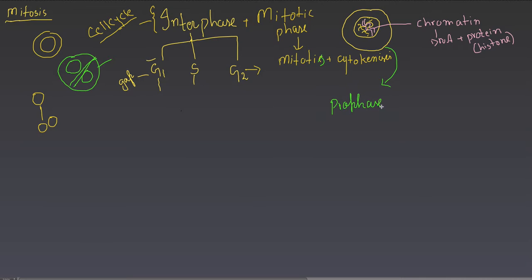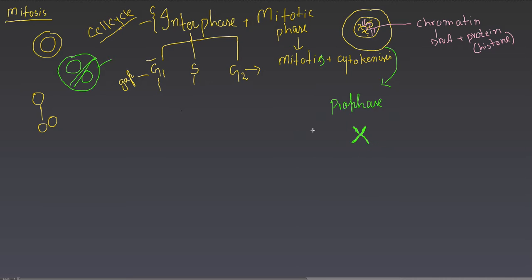Now in prophase, what actually happens is that the chromatin becomes condensed and it forms this kind of structure. Yes, it becomes these kinds of structures.